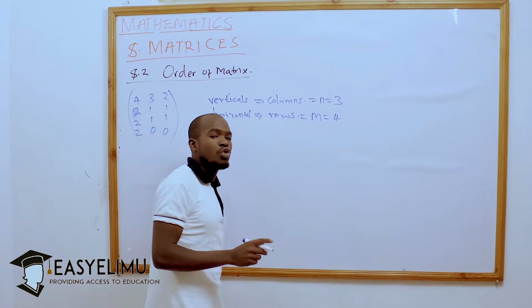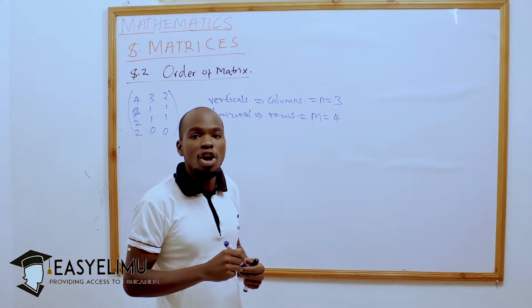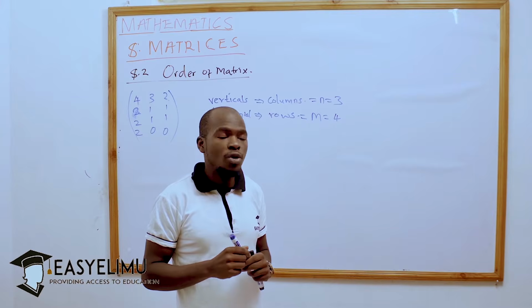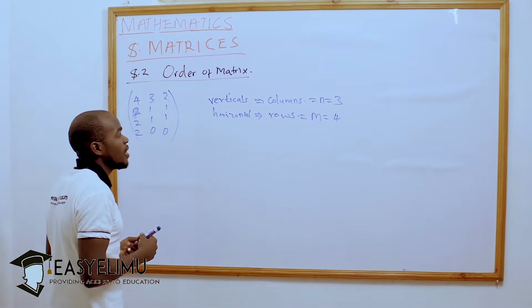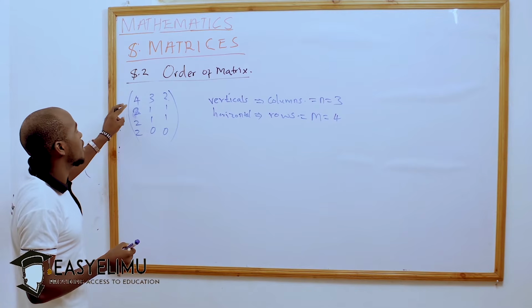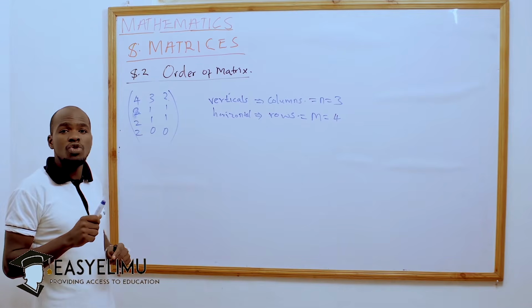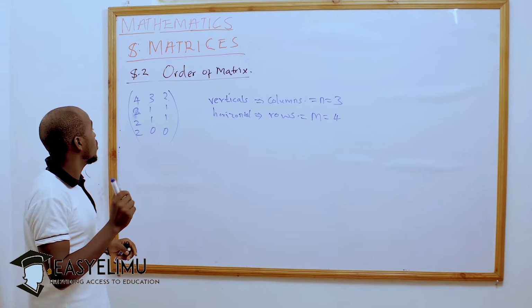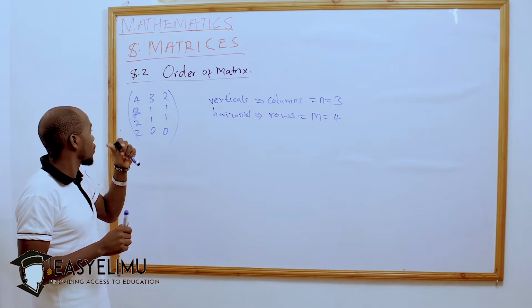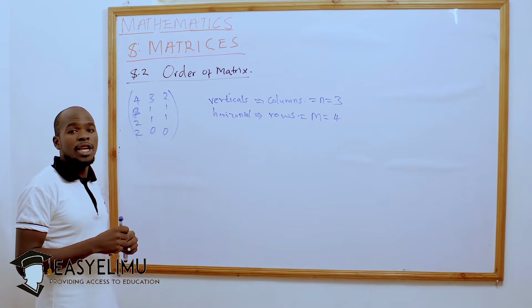If you need to give the order of any matrix, it is normally given by the number of rows and the number of columns it consists of. When giving the order of a matrix, we start with the number of rows, then the columns. It is written with a multiplication sign.